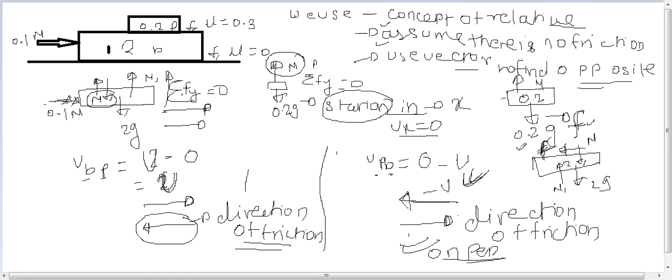This is f, this will also be f. Think why. You should think. Here this friction force and this will be the same. Why? Think about it. What is the hint here? Hint is Newton's third law. Guys, you should think about Newton's third law. So both of these are equal.